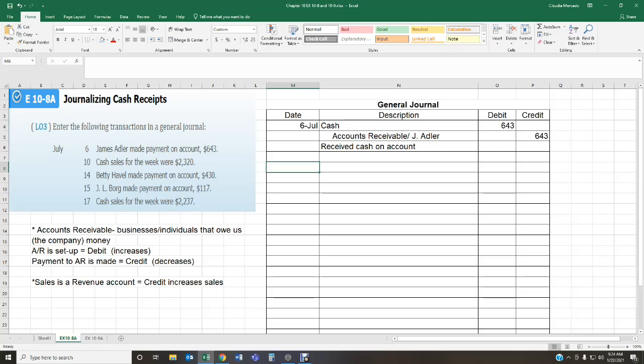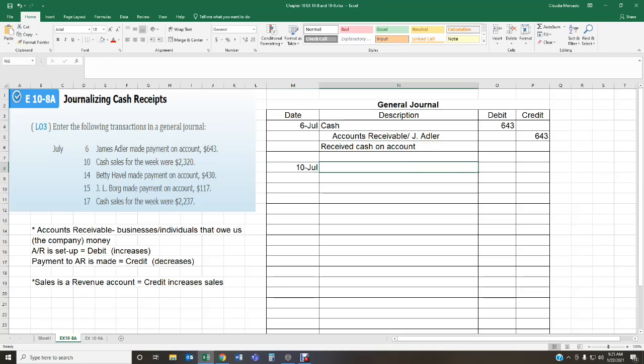On July the 10th, we had cash sales for the week of $2,320. So we made some cash sales, and we're going to be recording these cash sales once a week. So it's July the 10th, and now it's time for us to record the weekly sales. These are the weekly cash sales.